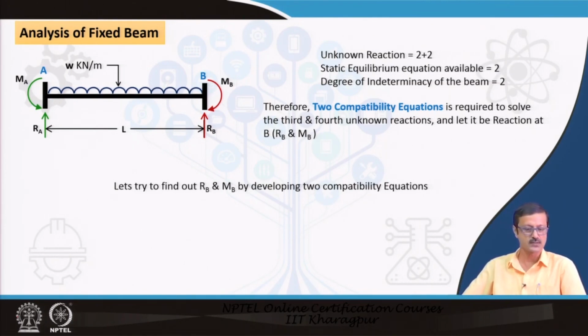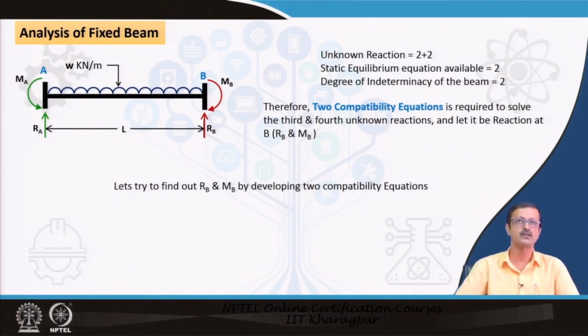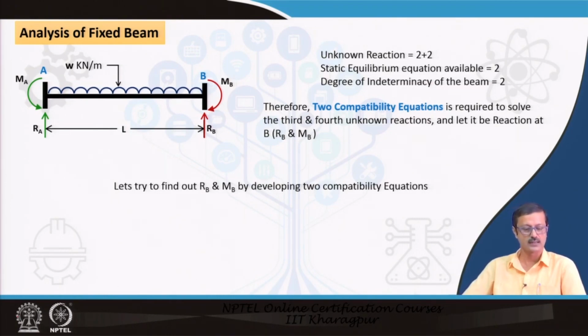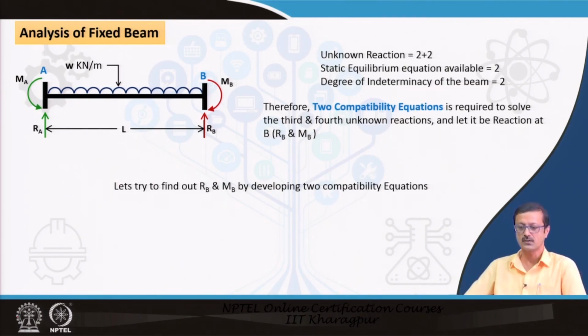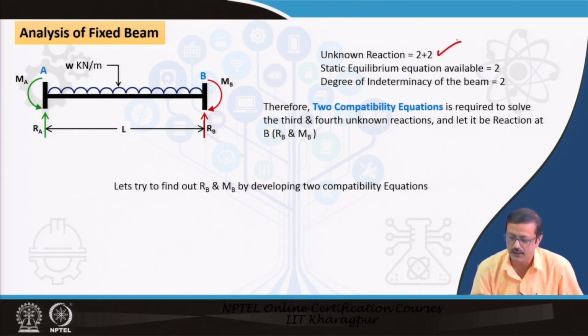These two unknowns at the A end are R A and M A. The moment at A is unknown because it is fixed. Please remember, this is not a hinge, and the reaction is of course unknown. Similarly, the B end also has similar unknowns, the moment at B and the reaction at B. So, the unknowns are 2 plus 2, that is 4.